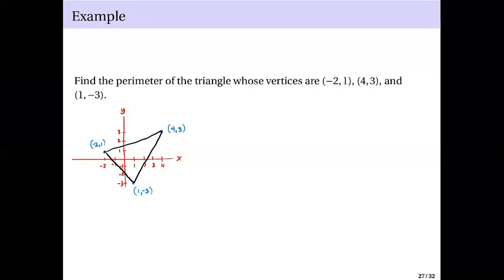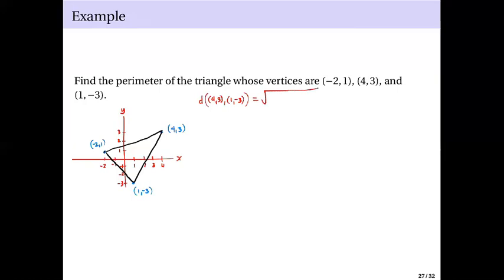So let's do that. For emphasis on which points we are using to find the distance, I'll put the points also inside the parentheses here. So I'm gonna get the distance between (4, 3) and (1, -3). Okay, so we focus on these points first.